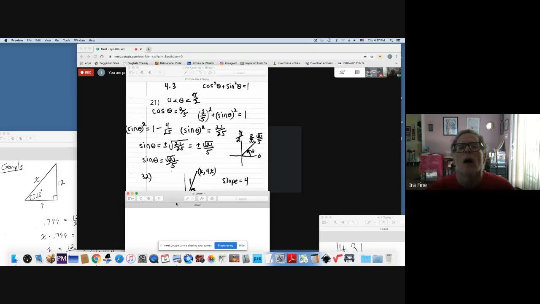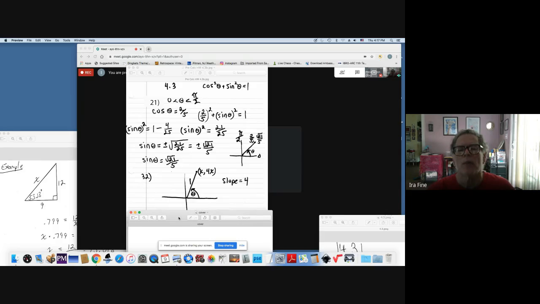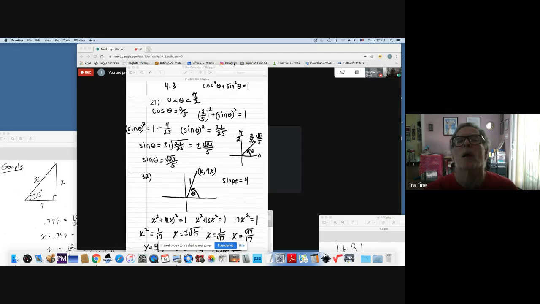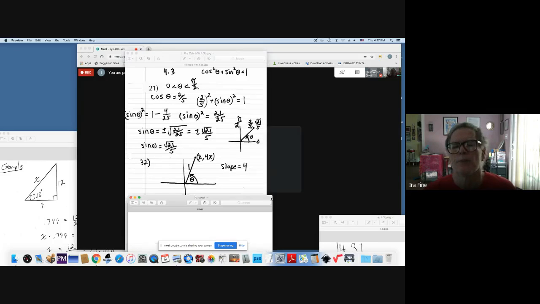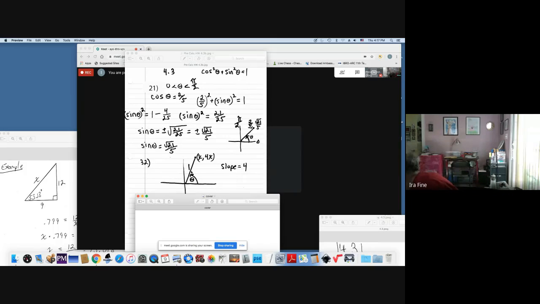Okay, then the next problem I wanted to look at was this one, number 32. In this problem, you're given this angle. Let me just look at what it says again.